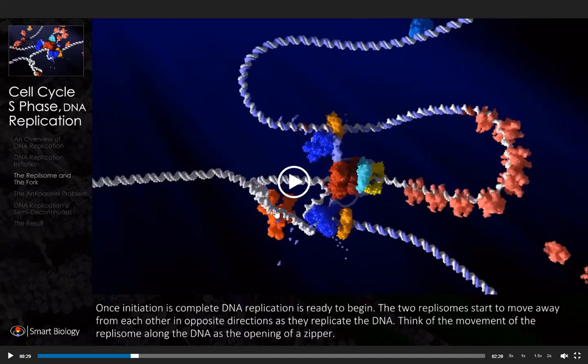And then in the replication bubble, we have the replisomes. And the replisome has the DNA polymerase, which is replicating the DNA in both the strands. So remember, I mentioned, and we'll talk about it in the next video, that the parental strands are in the opposite orientation.